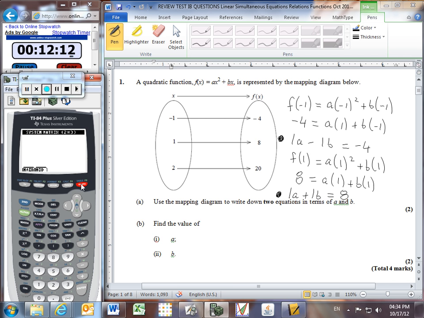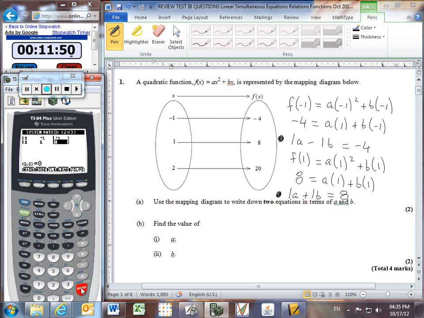So let's say next. And I'll put in my first equation. I can see that my values are 1, negative 1, and negative 4. So 1, negative 1, and negative 4. And my second equation, I've got positive 1a, positive 1b, and positive 8.